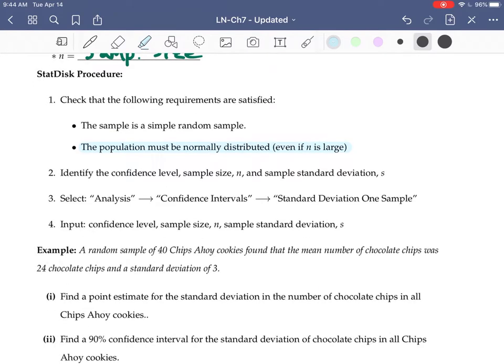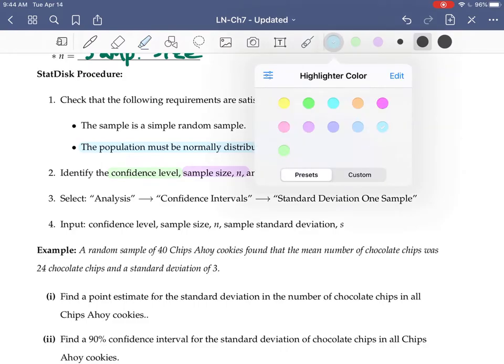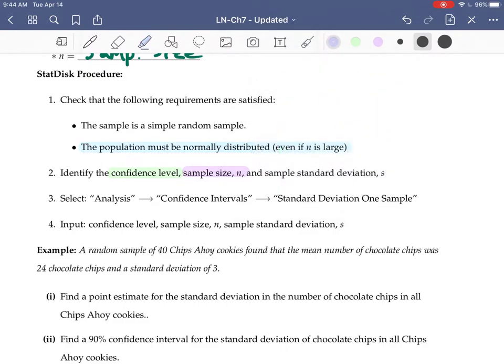Once we have that, we want to identify the confidence level, the sample size, and the sample standard deviation. We will choose Analysis, Confidence Intervals, and then Standard Deviation One Sample.